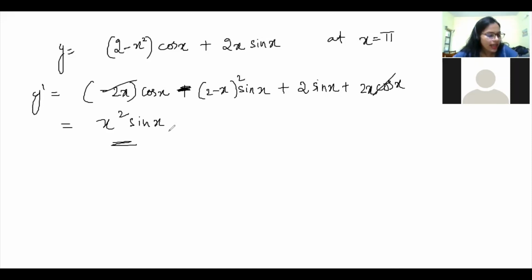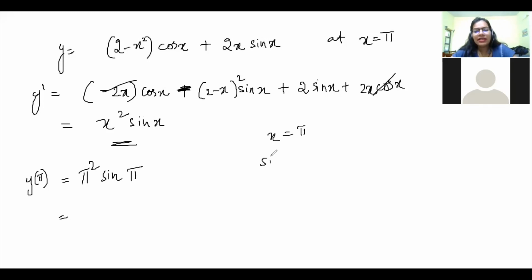Now they are saying that x is equal to pi. So y as a function of pi will become pi square sin pi. Now sin pi means sin 180 degrees, which is 0.